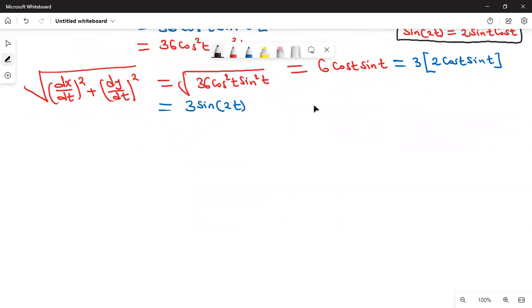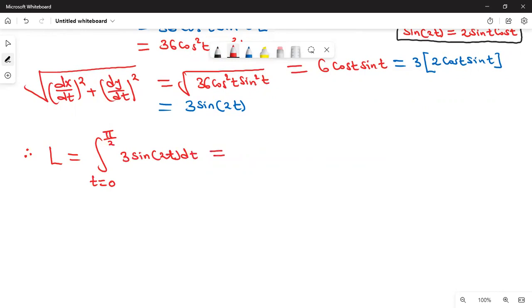Therefore our arc length L is equal to the integral from t equals 0 to pi over 2 of the answer, that is 3 sine 2t dt.